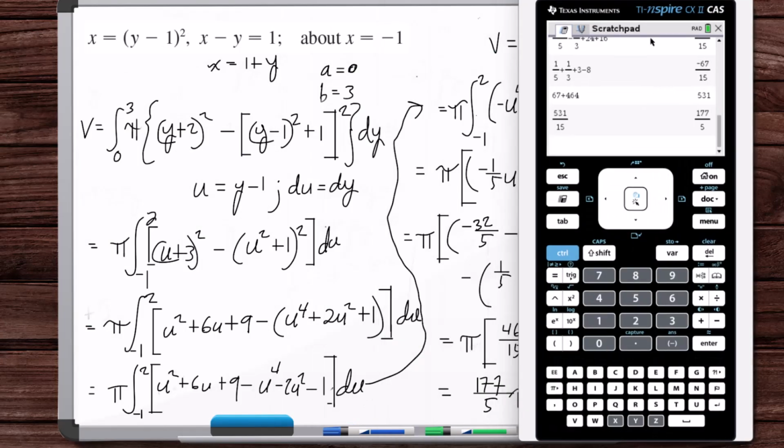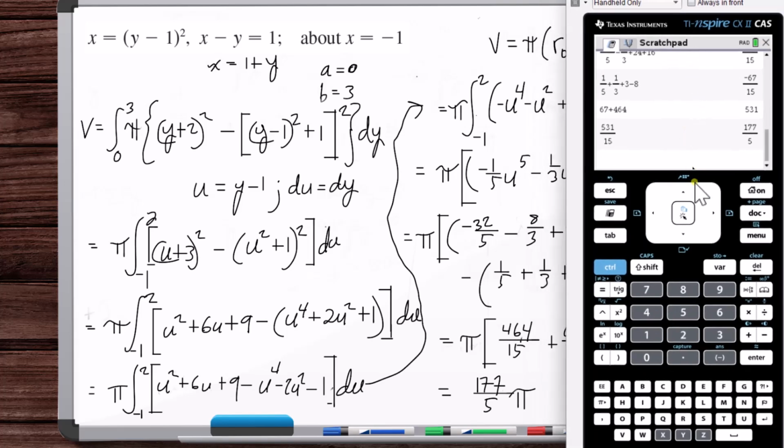Let's just make 100% sure that this is the right integral. So y plus 2 squared, okay, then y minus 1 squared plus 1 squared, okay, this minus this, and then all that times pi.